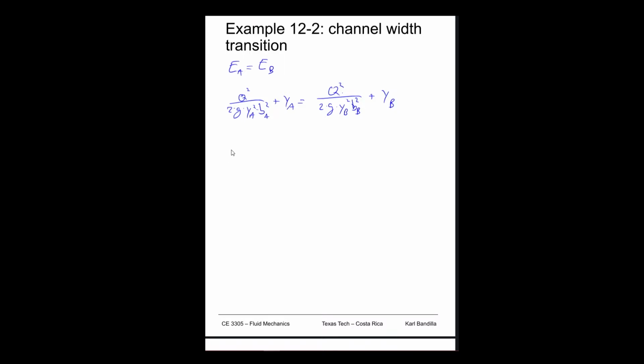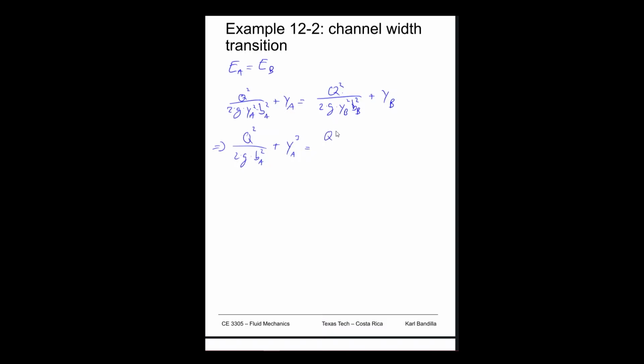So the first thing that we'd want to do is, first we'll multiply everything by YA squared. So that means we would get this one here, just gets rid of the YA. So it'll be 2 times G times BA squared plus, now if we multiply that by YA squared, we get YA to the third power.